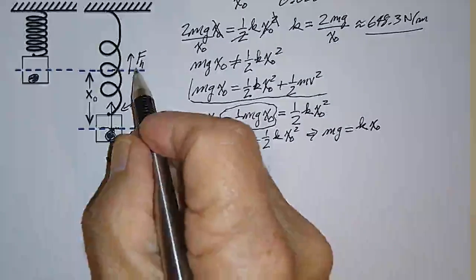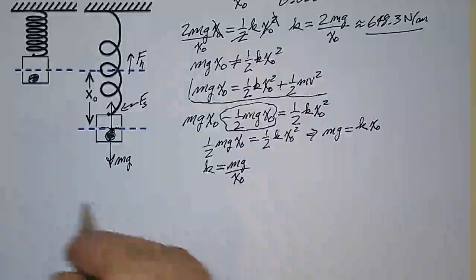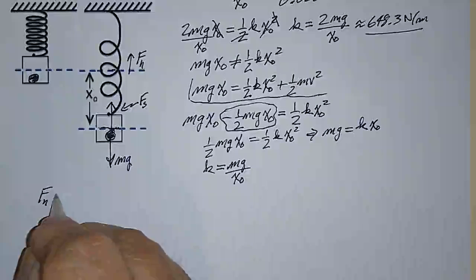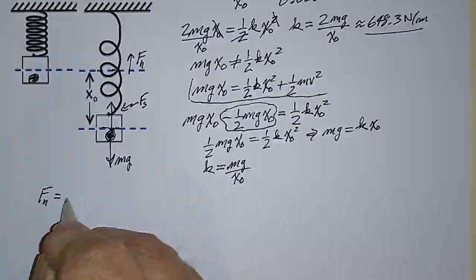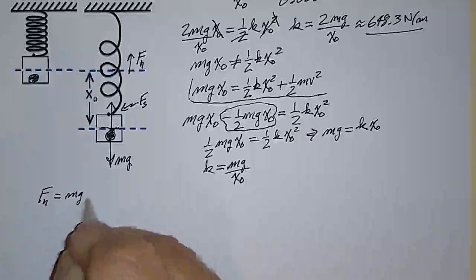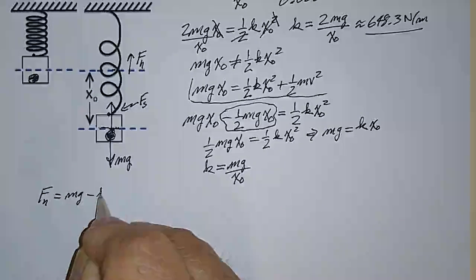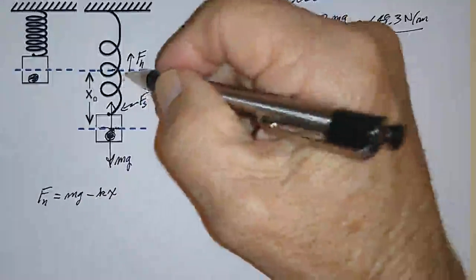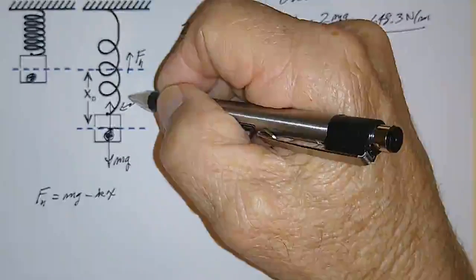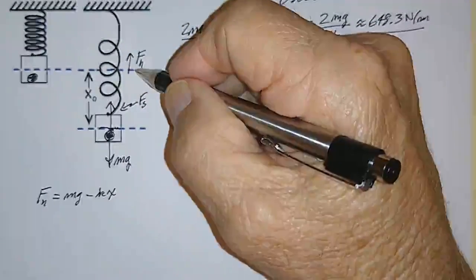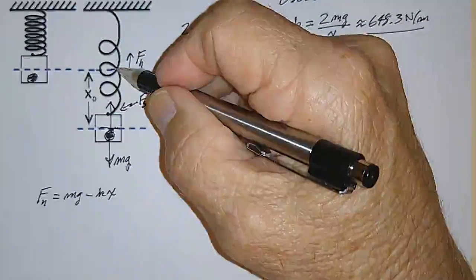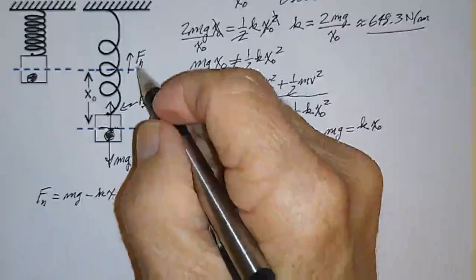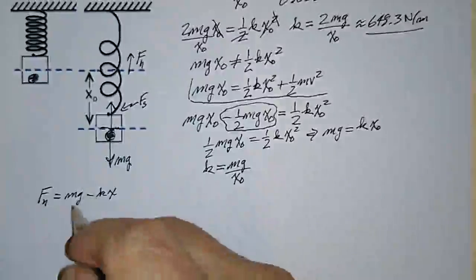First of all, you've got to model what the force due to your hand is. Force due to the hand, the magnitude of it, is just equal to mg minus kx. This is a constant force mg, which is down this way, and when you're up at this point right here where the spring is completely unstretched, then the force is equal to just mg.